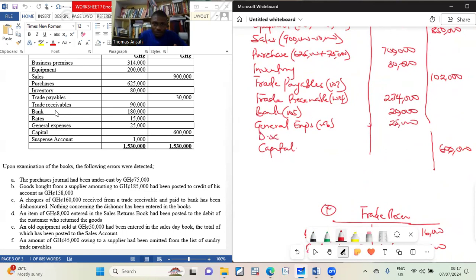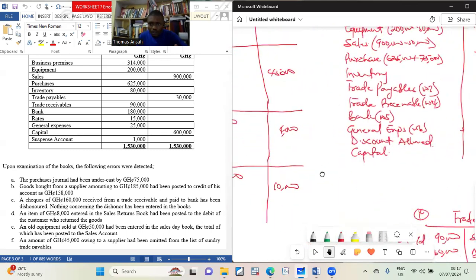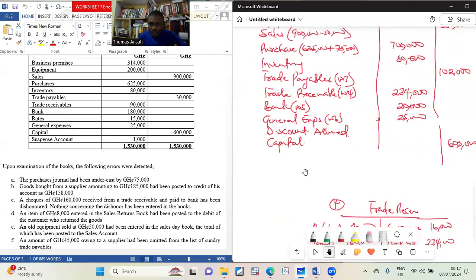I even skipped rates. Or you can even add everything now. How much was the discount allowed? Because it was once. It's 4,000, right? So discount allowed 4,000.